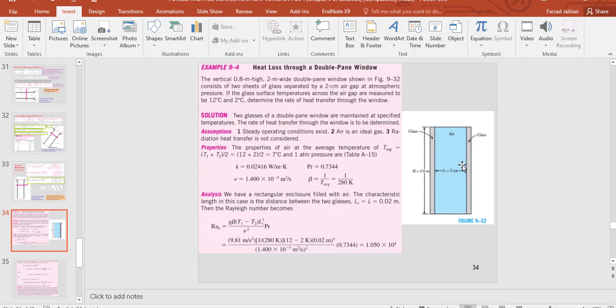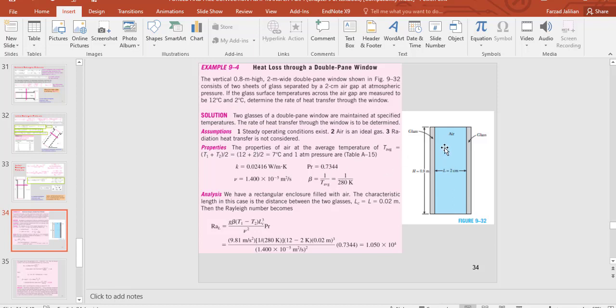If the temperature is not constant, 12 and 2 are changing, and the calculation is very complicated. But we can assume that a steady operating condition exists, and air is an ideal gas. Then we can use our table to find its characteristics. Also, radiation heat transfer is not considered. It is also important. So we have only heat transfer by conduction or convection to consider.